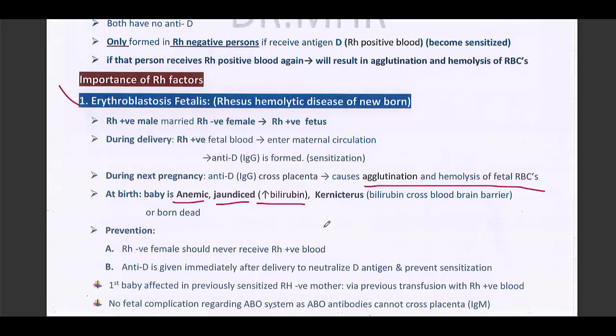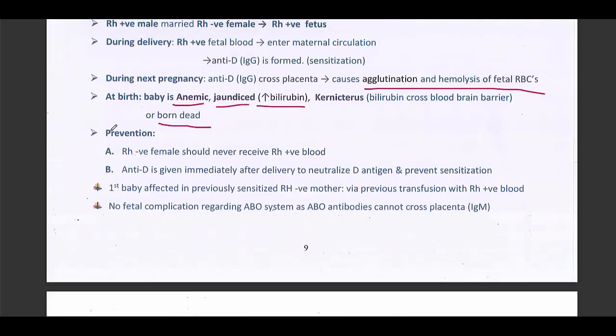Okay, bilirubin crosses the blood-brain barrier. That will make retardation or, unfortunately, even death. To prevent this, simply, firstly, an Rh negative female should never receive Rh positive blood.